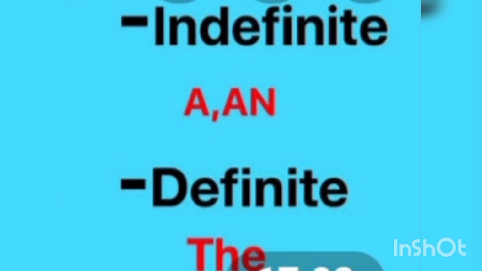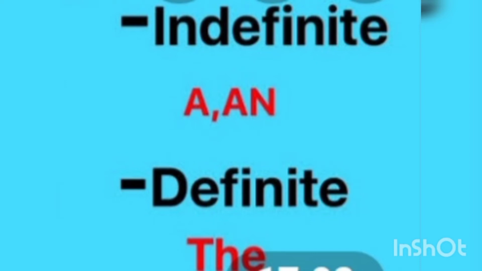A or an stands for one, but they refer to one indefinite or unspecified person, place, or object. That's why a and an are called indefinite articles. On the other hand, we have the. The is known as the definite article simply because the refers to a definite noun.